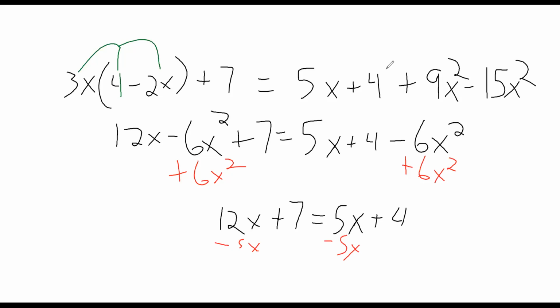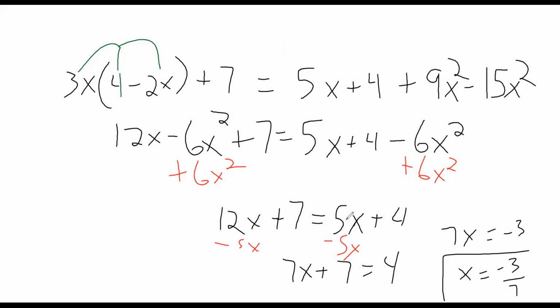It's linear. You can move the 7 over. 7x will be equal to negative 3. You can divide both sides by 7. You're going to get negative 3/7.